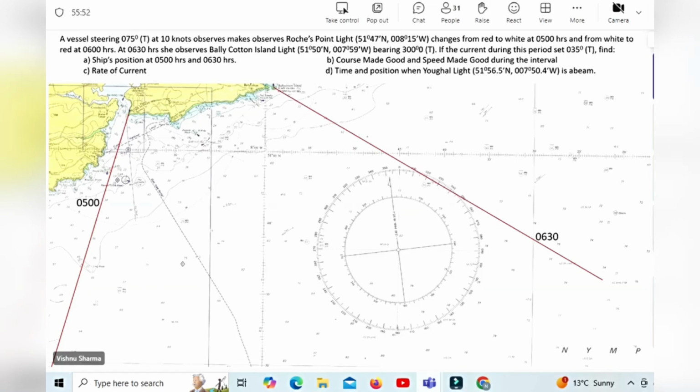Now, take point A. Then from A, how do you get B? I'll just say how you get B, and then I'll plot and not speak anything. If you have a doubt, let me know.